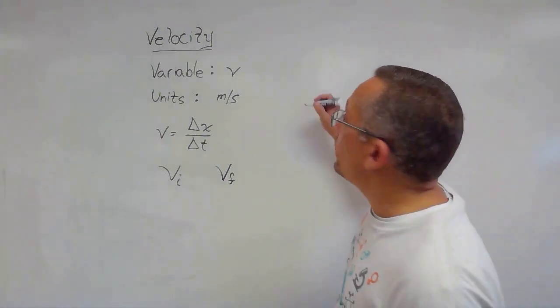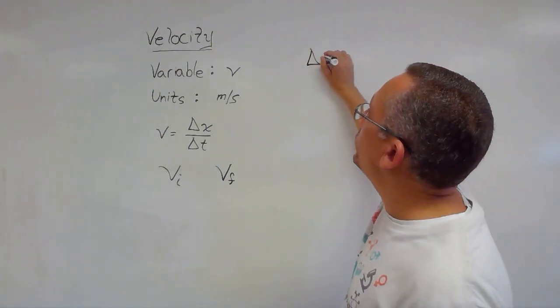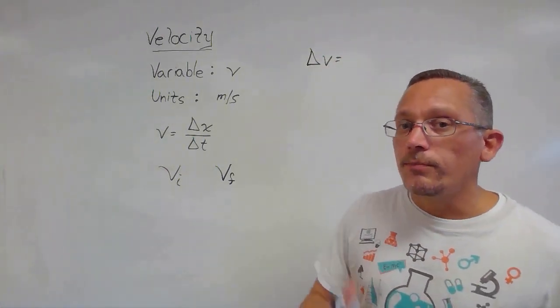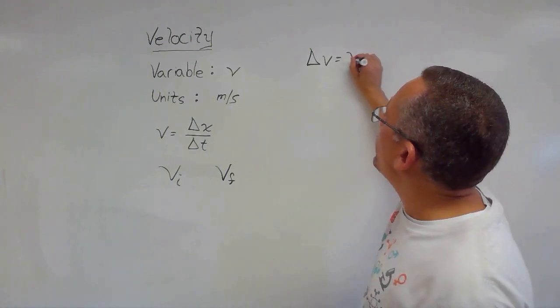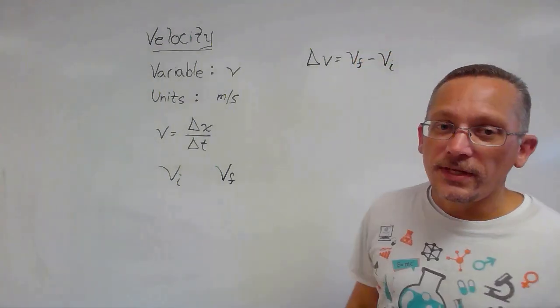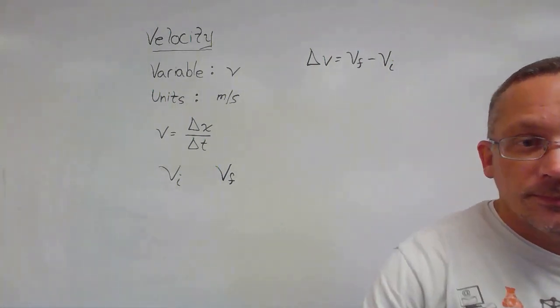The change in velocity we could call delta v. Remember, delta means change. And we can find that by taking the final velocity minus the initial velocity. So that would be Vf minus Vi to find the change in velocity.